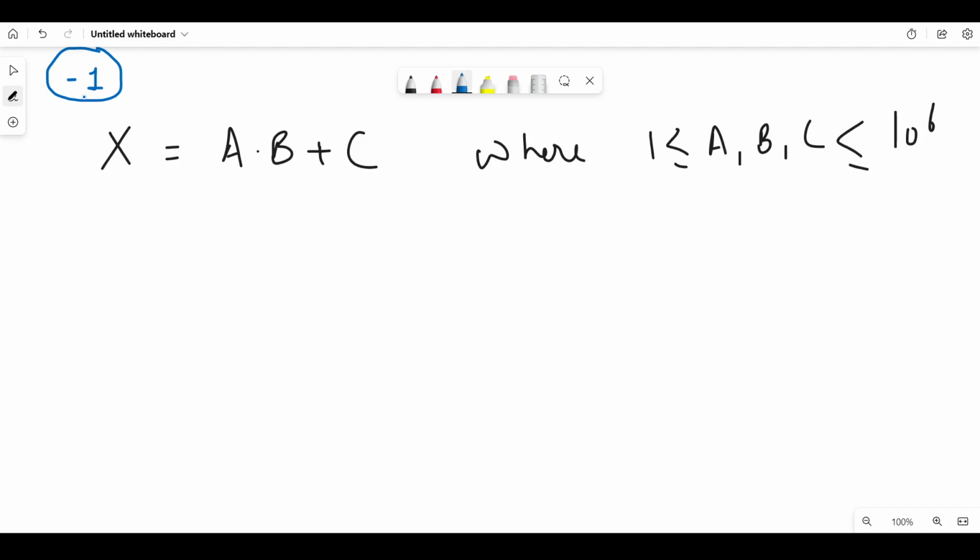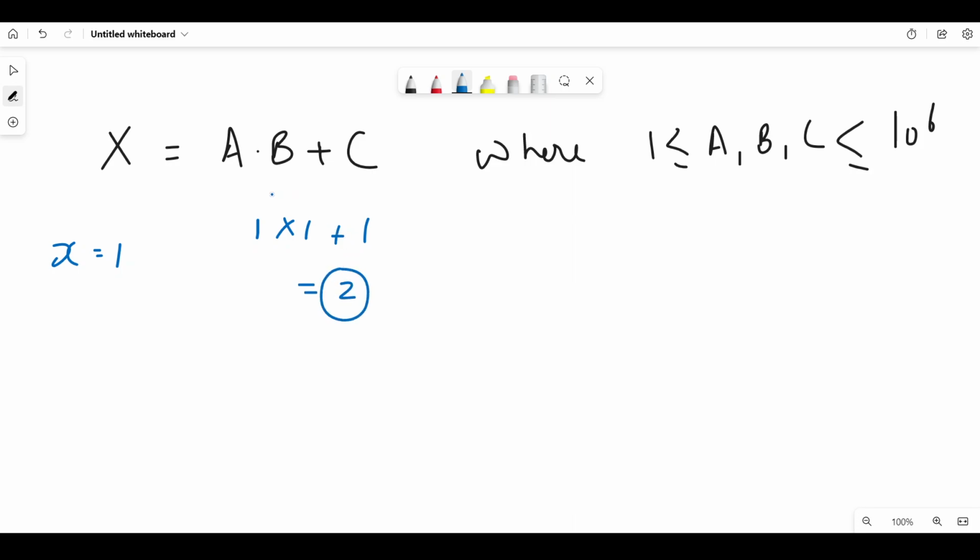Let's see this condition when it is not possible. When x is equal to 1, the least value we can put for A, B and C is 1. Let's try with the least value: 1 into 1 plus 1. It is 2.